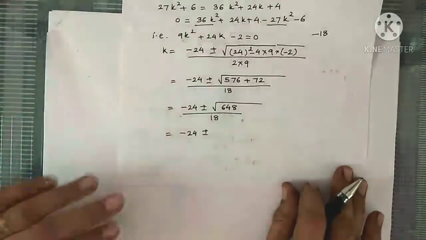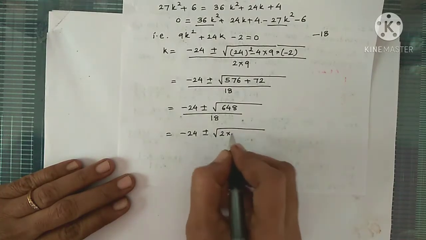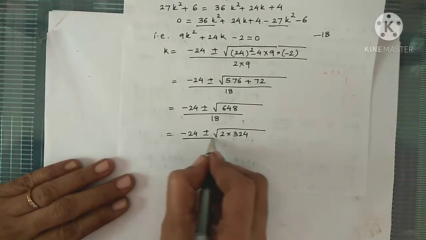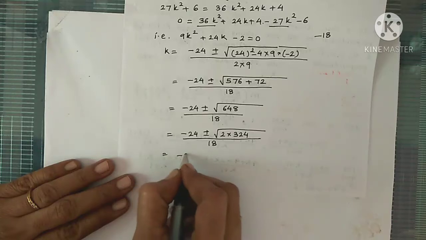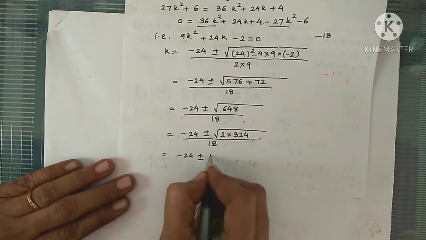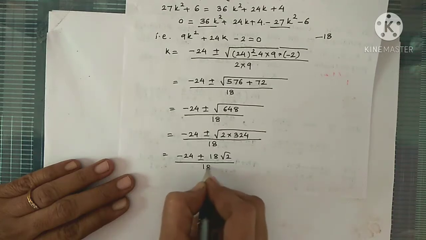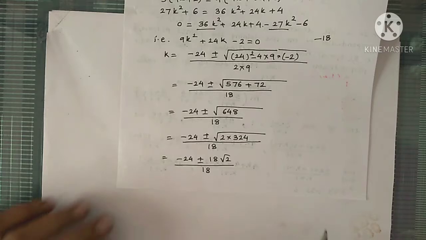If I write this number as 2 into 324, then the square root of 324 is 18. So this is minus 24 plus minus 18 root 2 divided by 18, as 324 is 18 square. We are taking the square root of 324.